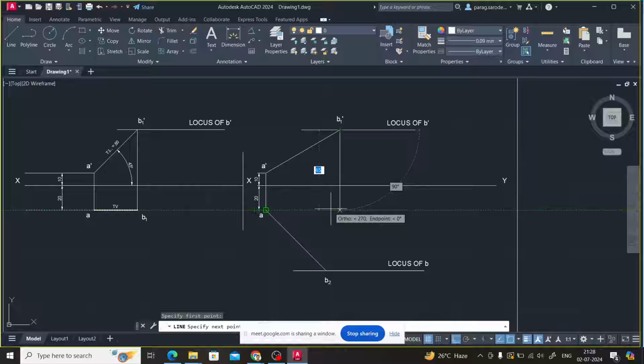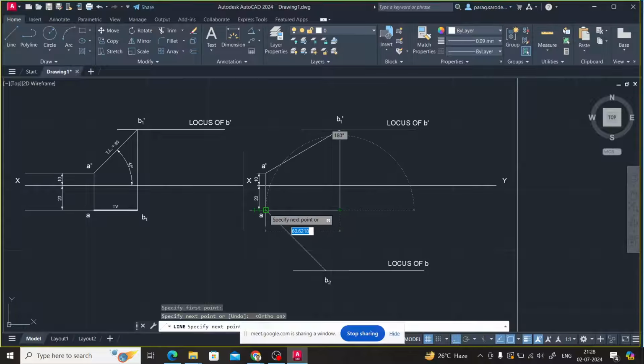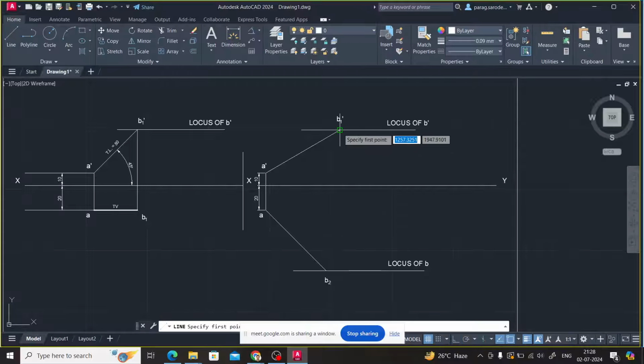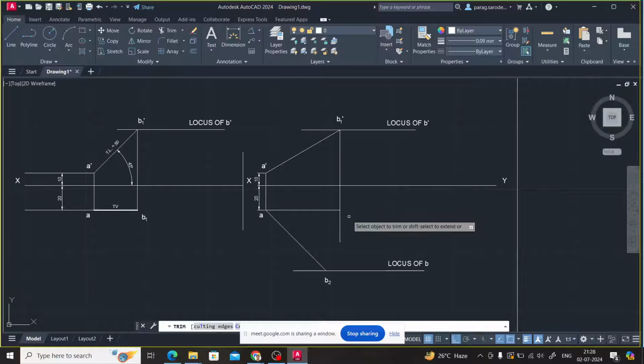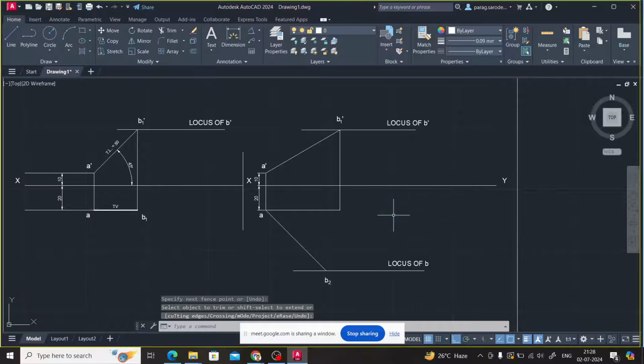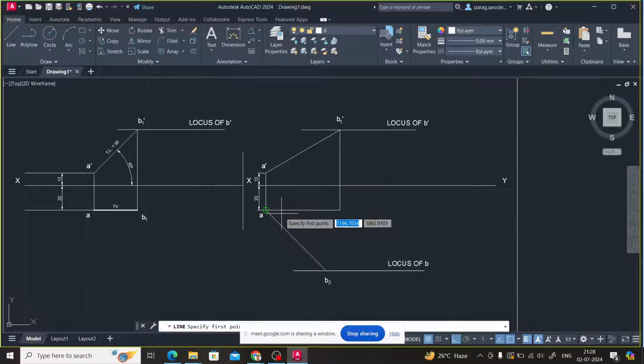Once I spot that green dotted line, I will click exactly near it, and once I click, I will draw one line. You may find it very difficult, so what I suggest is, just draw this vertical line and let it cross. Switch on the ortho mode, draw one horizontal line from A, let it cross it, and then trim it off like this. This may be easier for you initially.